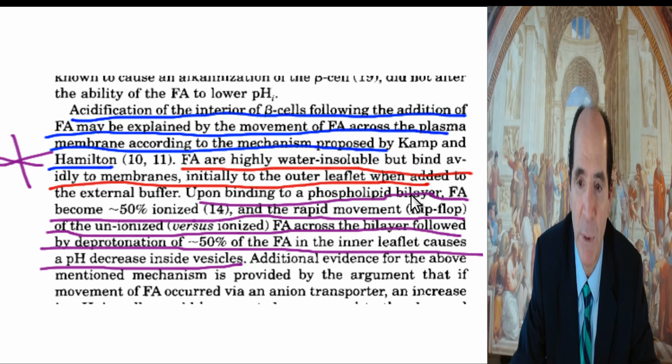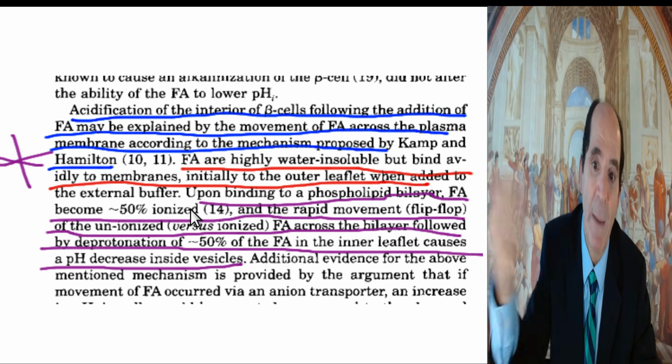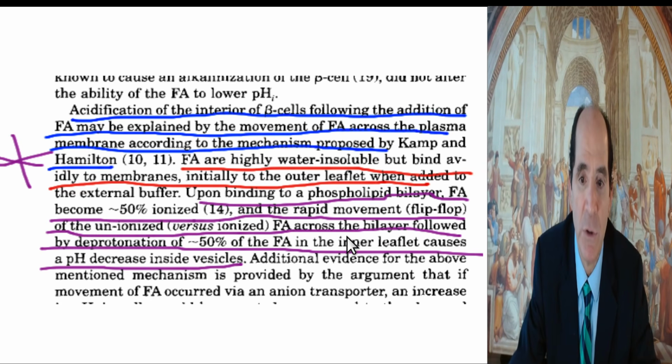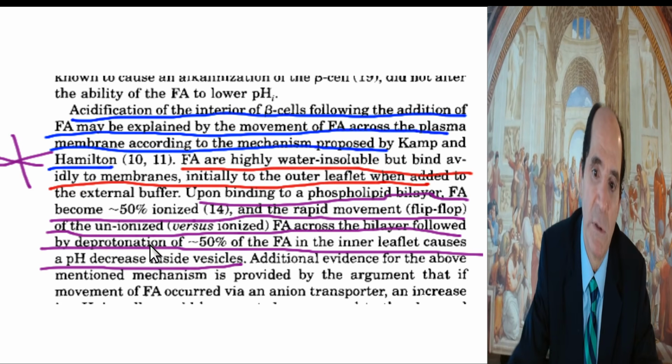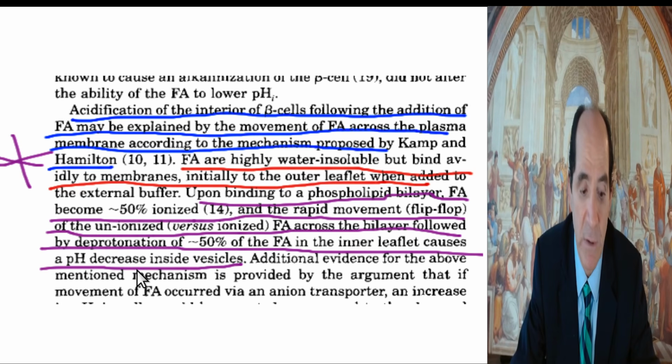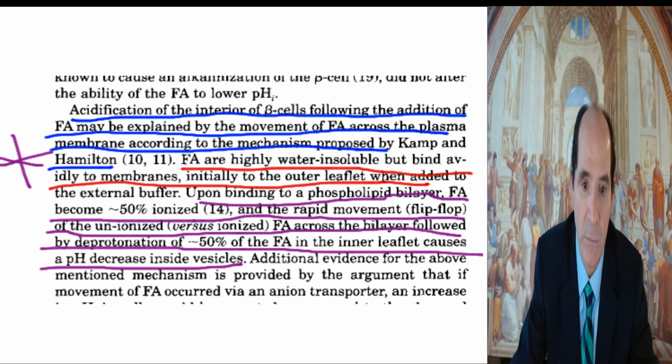Upon binding the phospholipid bilayer, the fatty acid becomes 50% ionized, but 50% is unionized, and that undergoes a rapid flip-flop maneuver into the inner leaflet, followed by deprotonation, loss of its proton, and that acidifies the cytoplasm of the cell.